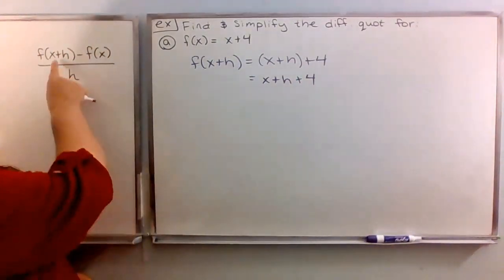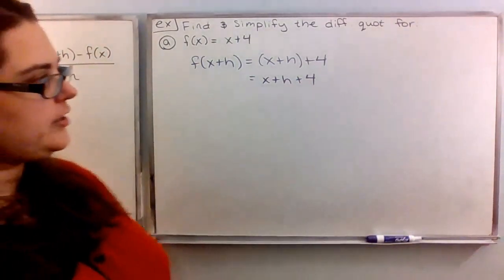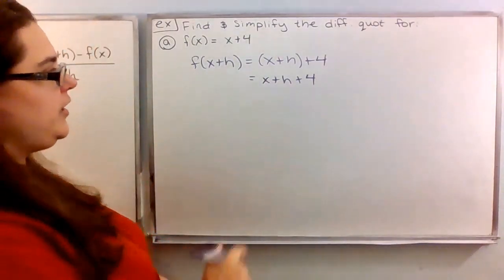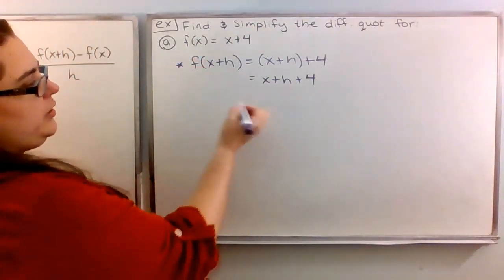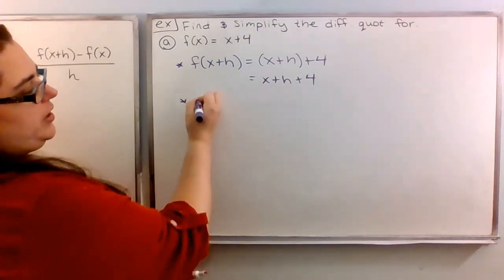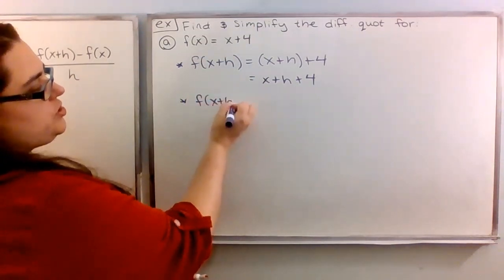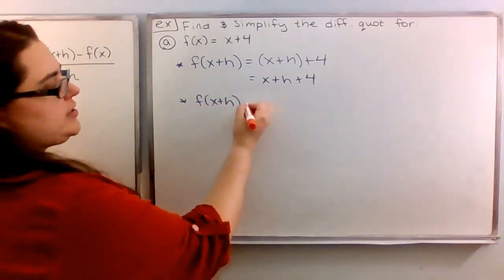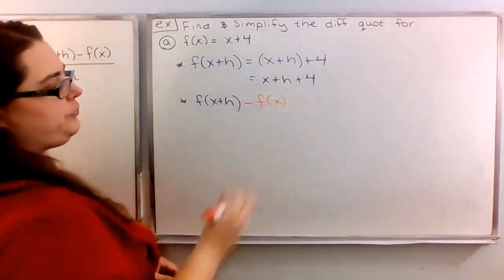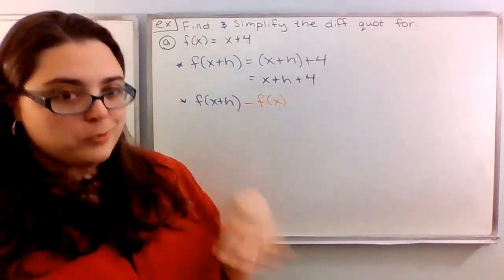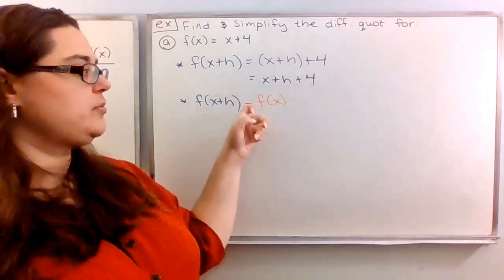The next stage is to take that and subtract f of x. So let's do a little bullet point here. The next stage would be f of x plus h minus f of x. Now, one of the things that makes this complicated is the subtraction.